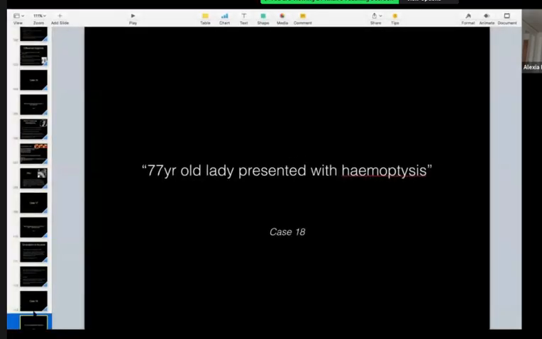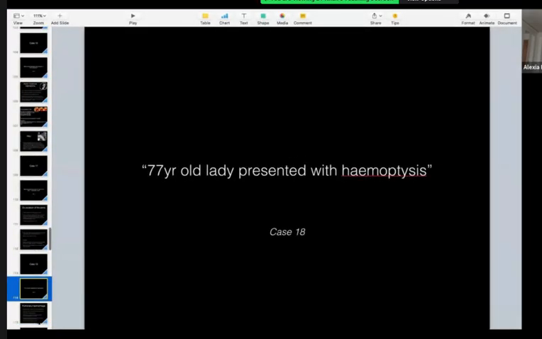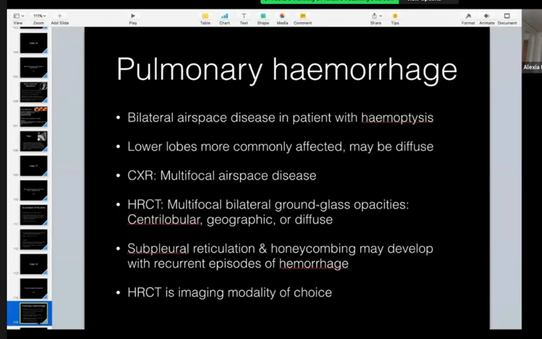So this was pulmonary hemorrhage: bilateral airspace disease in a patient with hemoptysis. The lower lobes could be more commonly affected sometimes, but this may also be diffuse, as in this case. The chest X-ray was very non-specific, just multifocal airspace disease, roughly symmetrical.